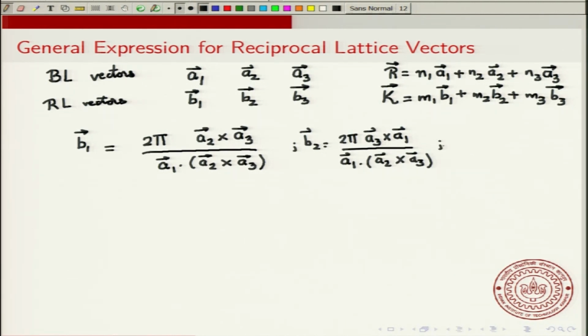And finally, you can write B3 as 2 pi A1 cross A2 divided by A1 dot A2 cross A3.